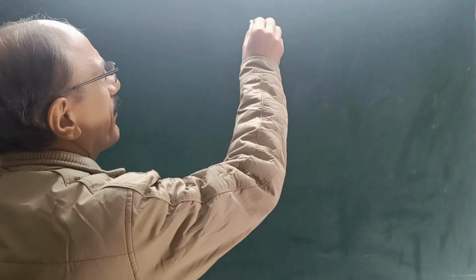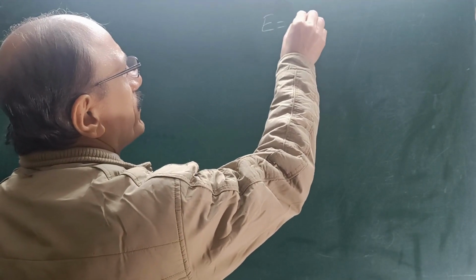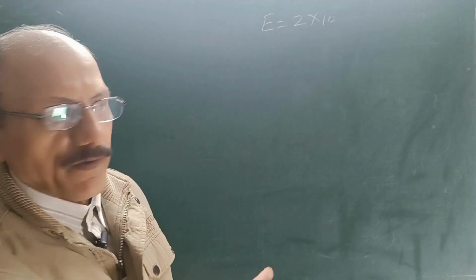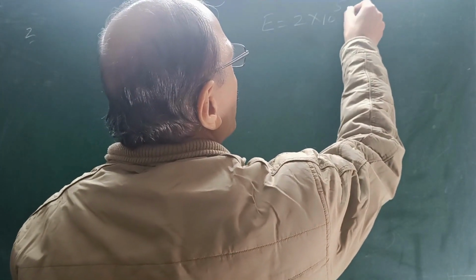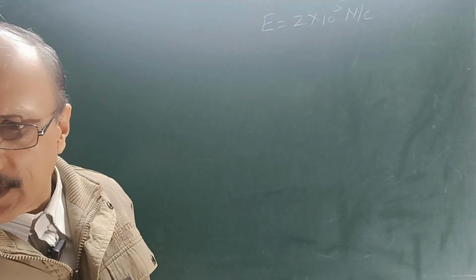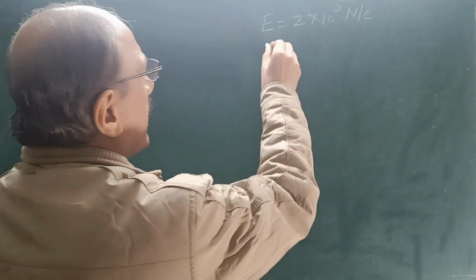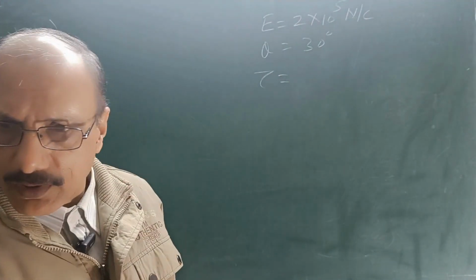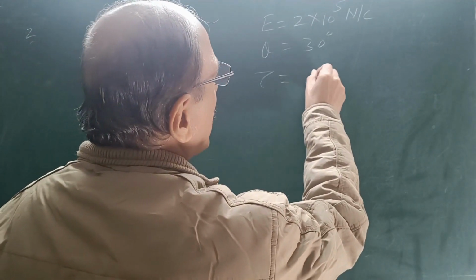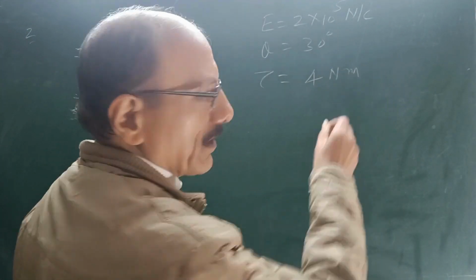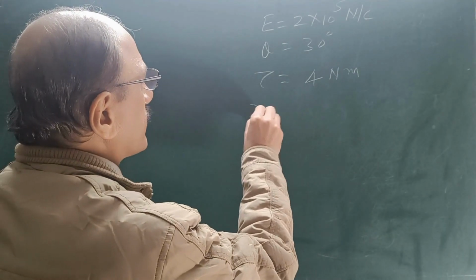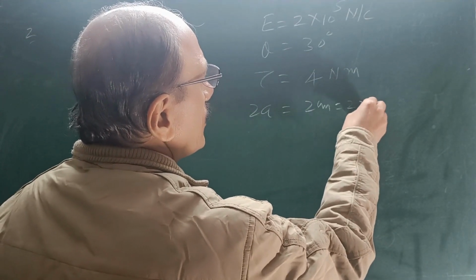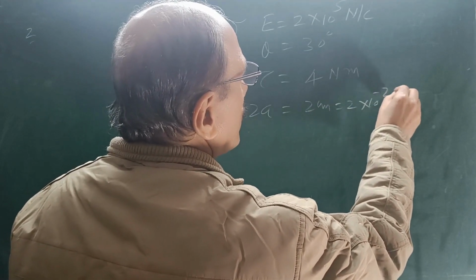Here we have electric field E equal to 2 into 10 to the power 5 Newton per Coulomb, the angle is 30 degrees, torque is 4 Newton meter, and the dipole length 2a equals 2 centimeter, that is 2 into 10 to the power minus 2 meter.